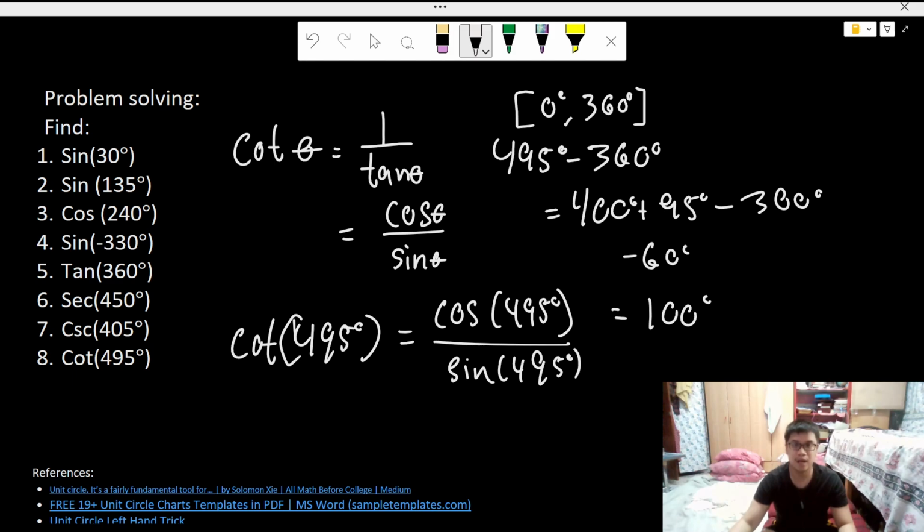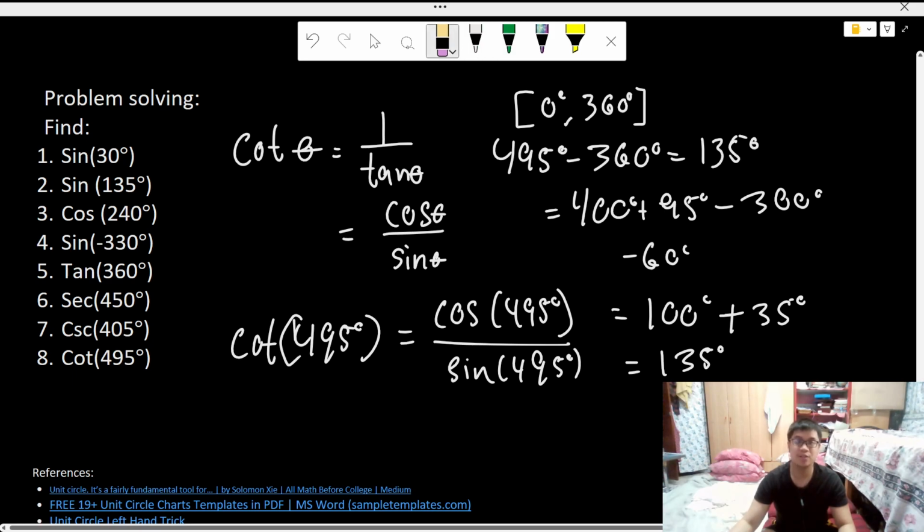For 95 minus 60, this would be plus 35 degrees. Right? It's plus 35 degrees. So you will have 135 degrees. So 495 degrees is equivalent to 135 degrees. Okay? They are equivalent to each other.